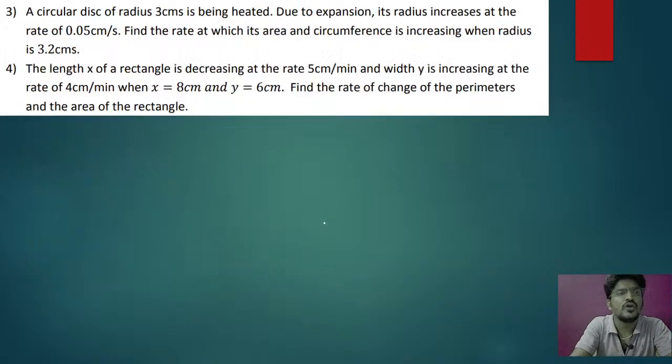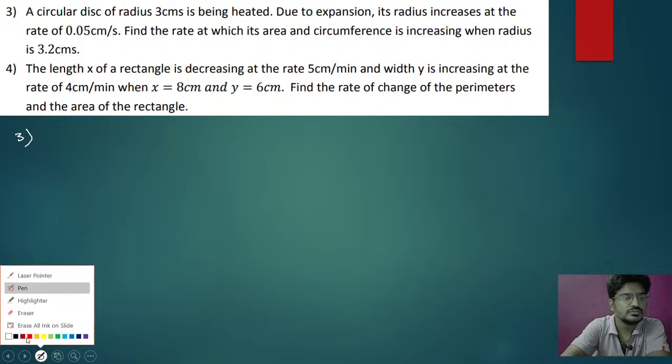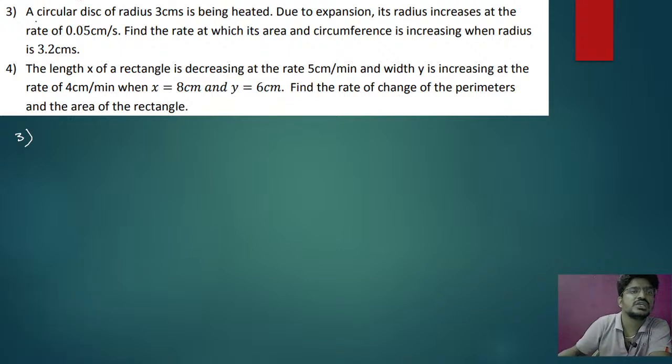Now we can go for the third question. Clear? So what is the third question? A circular disc of radius 3 centimeters is being heated.